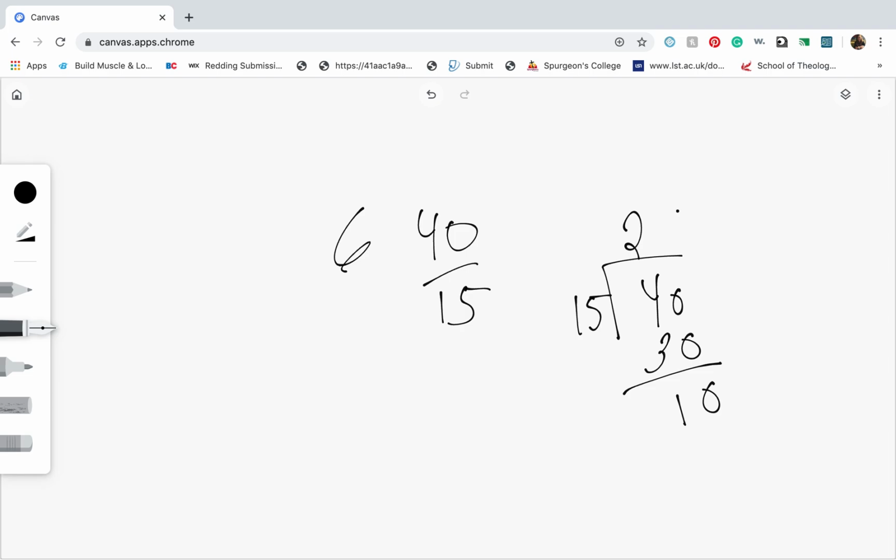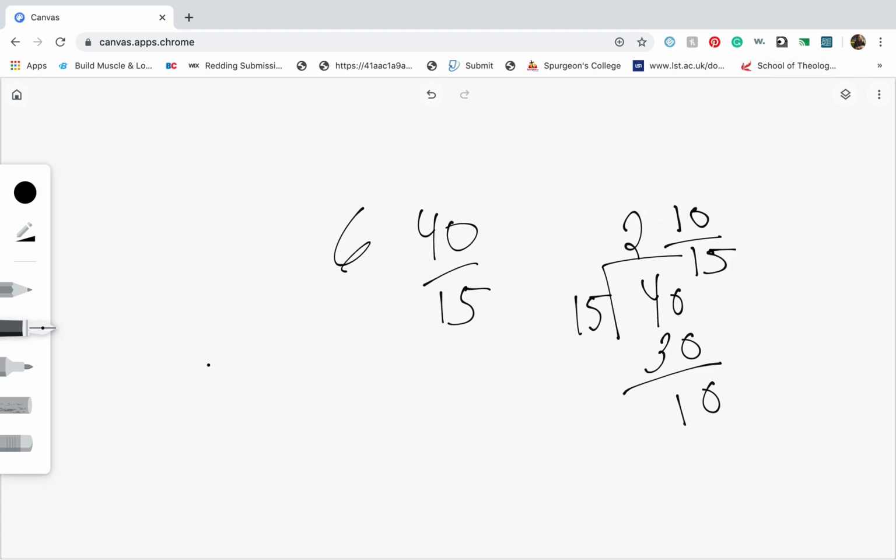So I bring up my remainder. That becomes my numerator, and my divisor becomes my denominator. So 40 fifteenths, if we make that into a mixed number, that becomes 2 and 10 fifteenths.